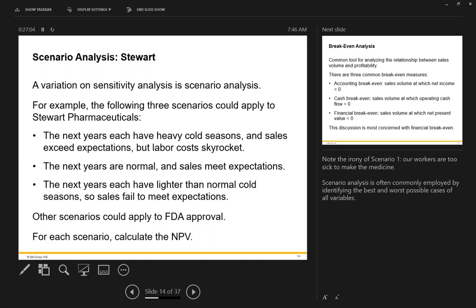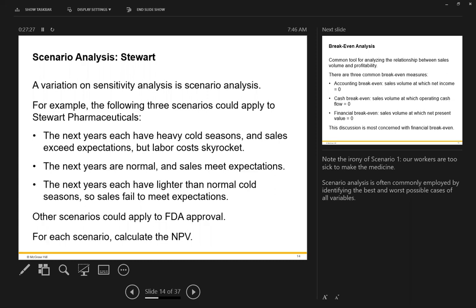So here's our first one. Next year's prediction: heavy cold season and sales exceed expectations, but labor costs skyrocket. So there'll be this crazy need for all of this common cold medicine. The next scenario: what if everything's normal and sales meet expectations?